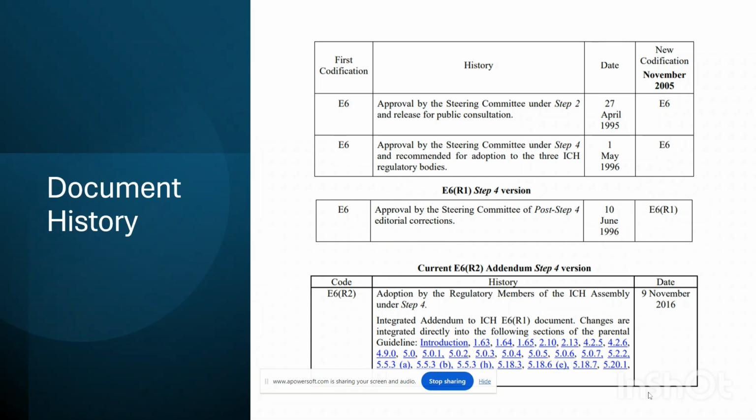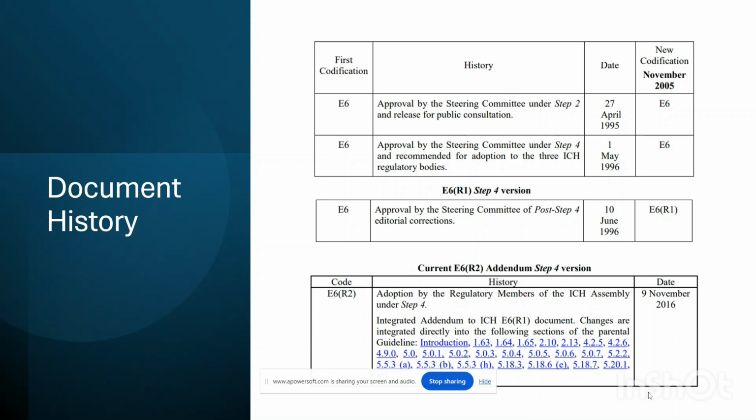The guideline was named E6R1 ICH GCP. Later, the revision of the ICH GCP guideline was done. The revised version, ICH GCP E6R2, which is the current version, was published on 9 November 2016.